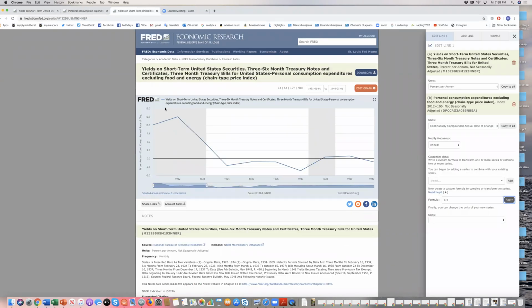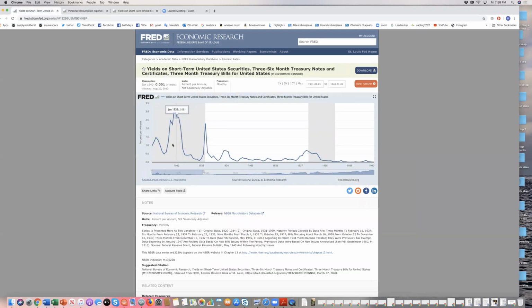What does that do to the real interest rate? What it did was it meant that even though the nominal interest rate was just a few percent, the real interest rate, actually we can see what it was, in 1932, the nominal interest rate was coming down from a little over 3% closer to zero.